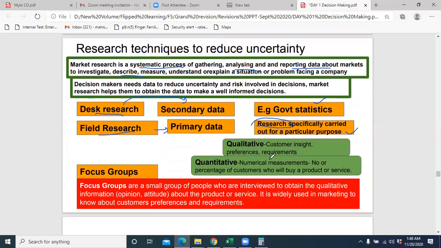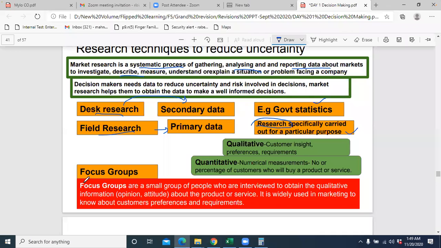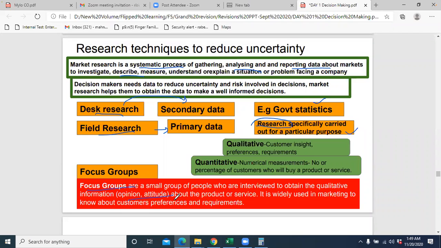And there are focus groups as well. Focus groups are a small group of people who are interviewed to obtain qualitative information. You have seen people interviewing on shows.